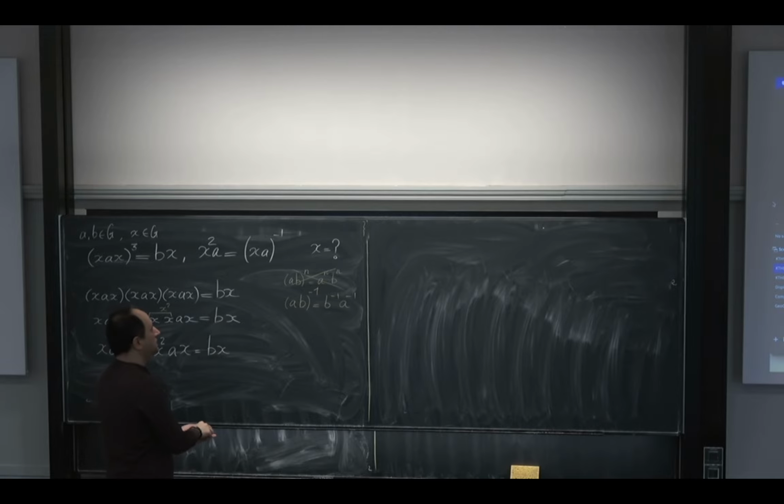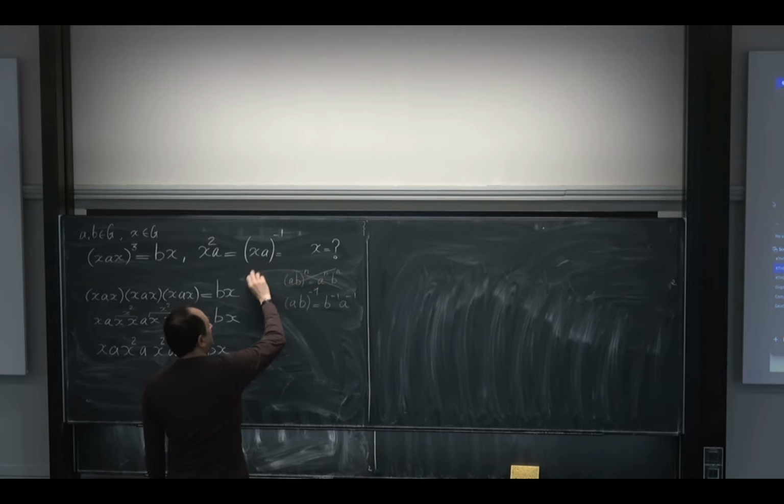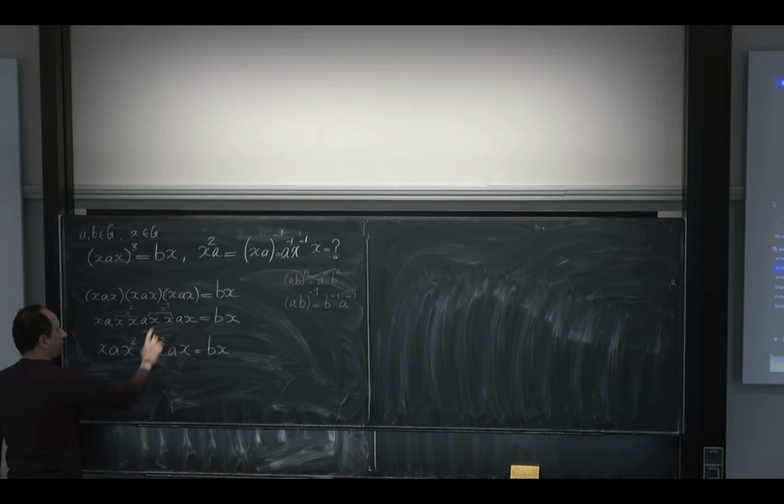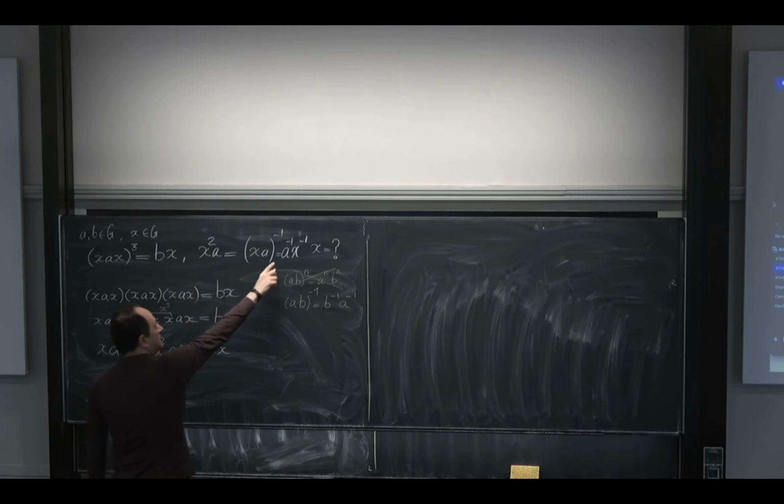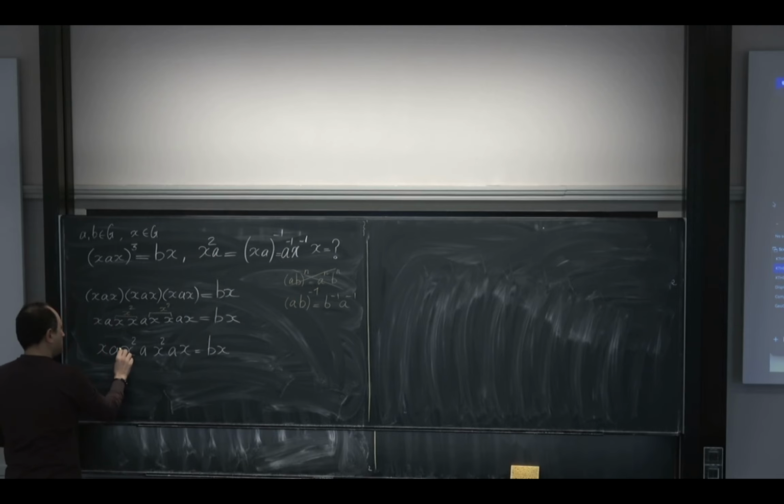So if I open this up, this becomes A^{-1} X^{-1}. This means that X^2 A is equal to A^{-1} X^{-1}, according to this problem. So I will replace this with A^{-1} X^{-1}, and I also replace this one with A^{-1} X^{-1}.